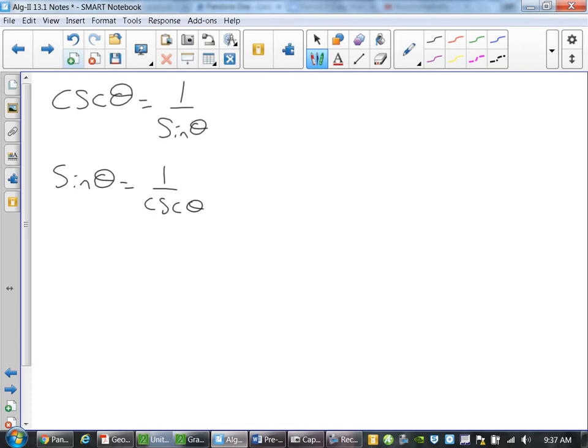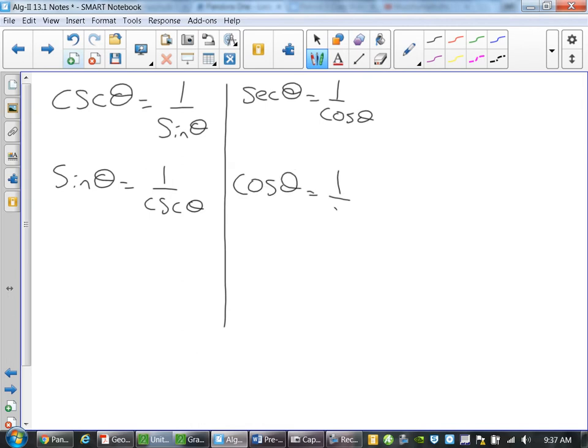And it works for all the other trig properties as well. I can say that secant is 1 over cosine, and cosine is 1 over secant. People tend to forget that this works.